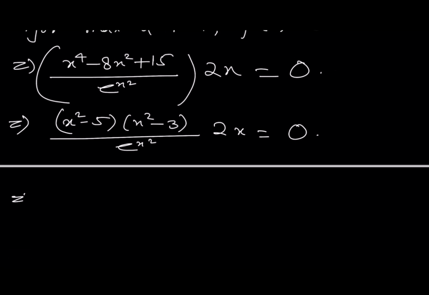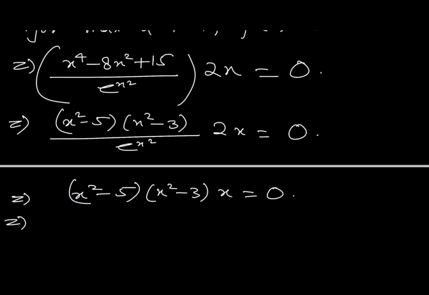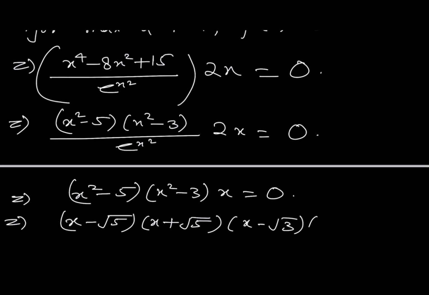And after cross multiplying, it will become (x square minus 5) into (x square minus 3) into x is equal to 0. So this will be (x minus root 5) into (x plus root 5) into (x minus root 3) into (x plus root 3) into x is equal to 0.